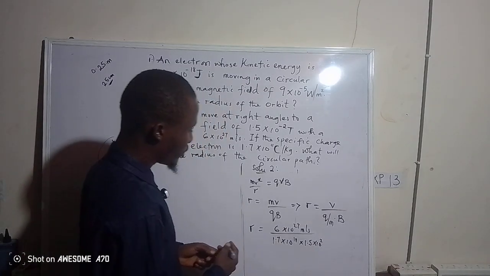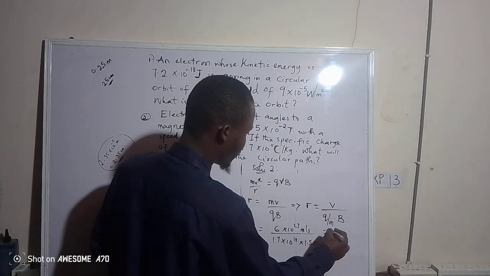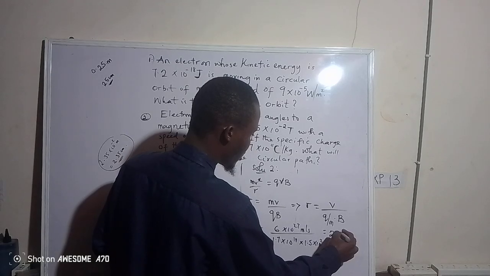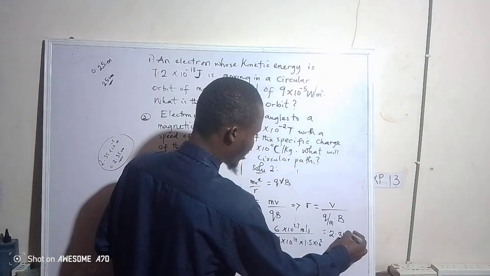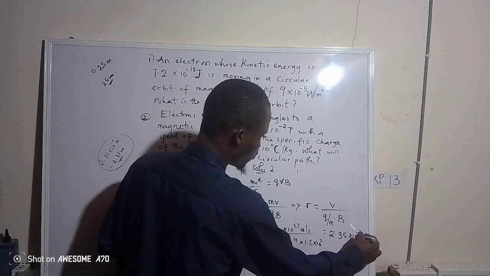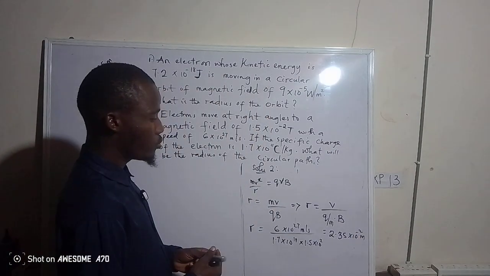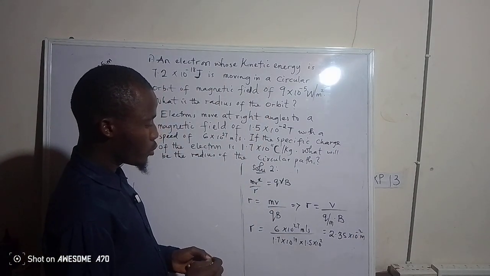When you punch your calculator for this, what do we have? Should be having 2.35 times 10 raised to the power of minus 2 meter.